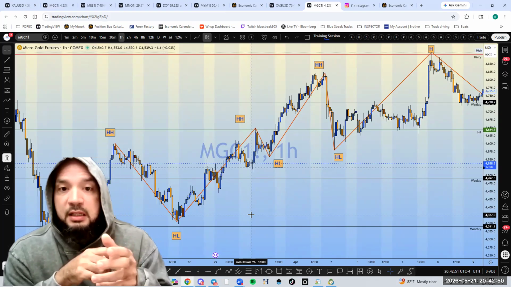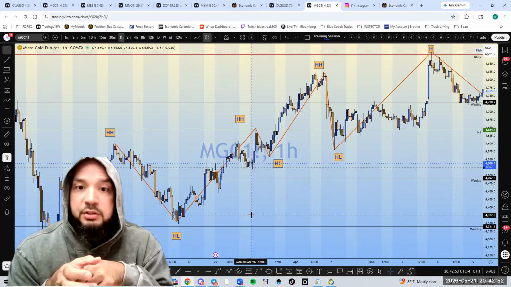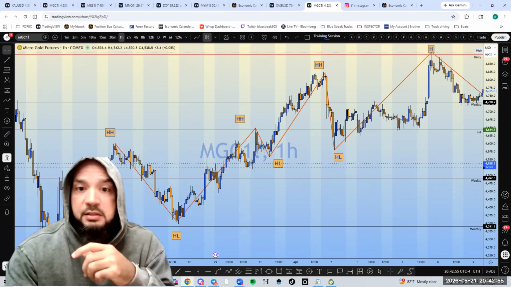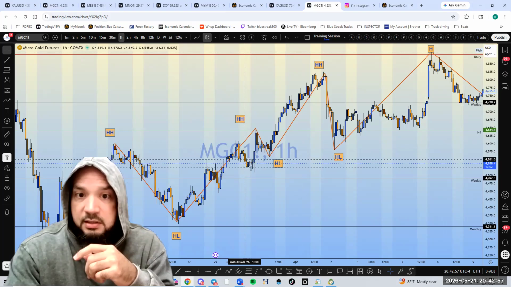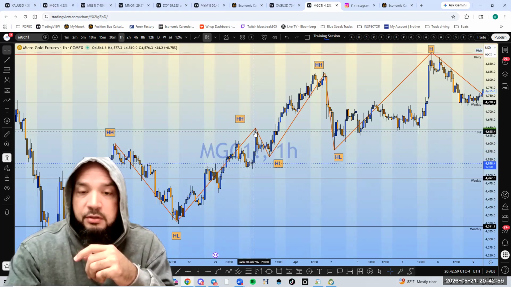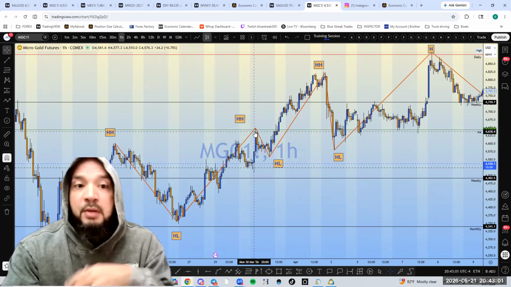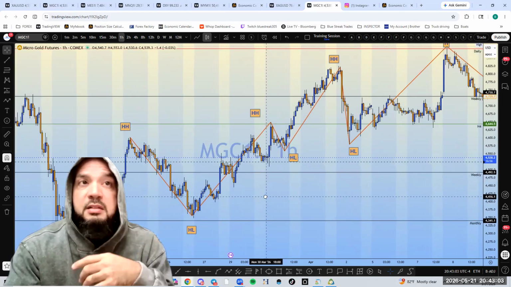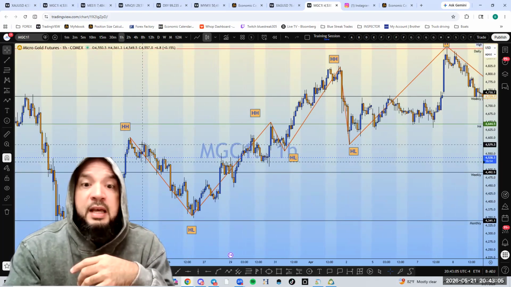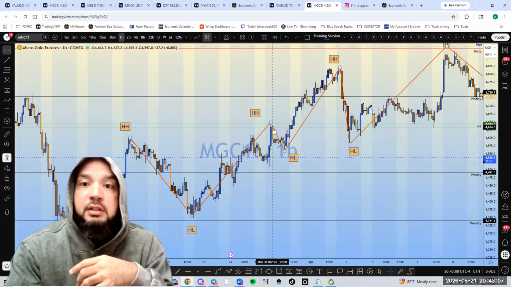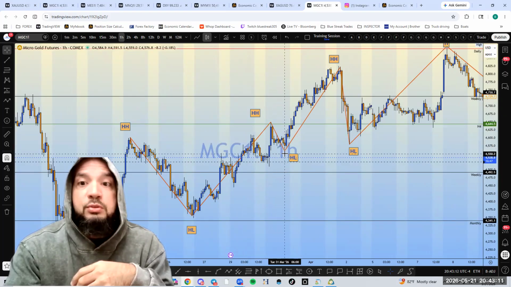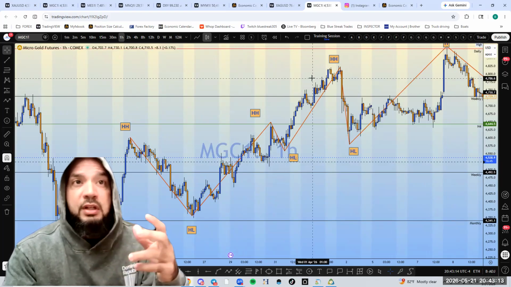But the more I looked at it, the more I studied market structure, the more I studied price action. The price action is all of this inside of the market structure, right? The more my mind started recognizing patterns. And pattern recognition is the secret skill set that you want to acquire as a trader.